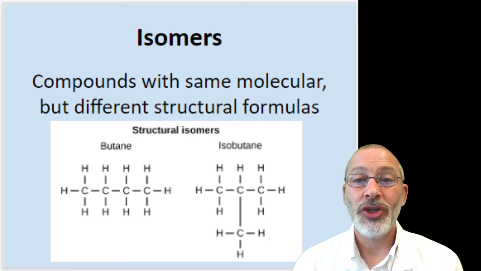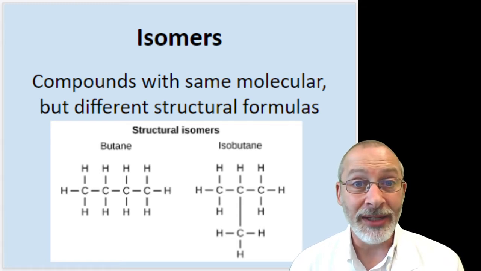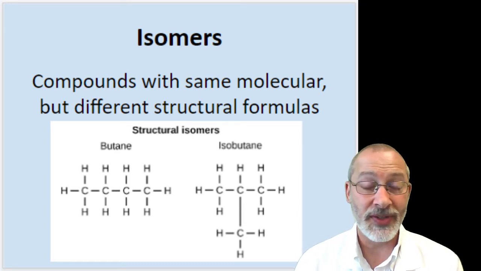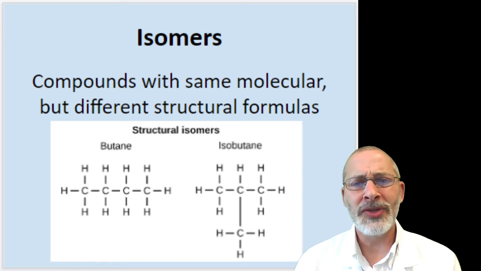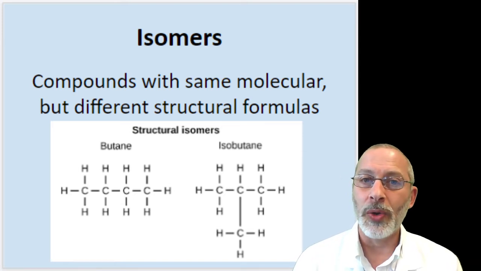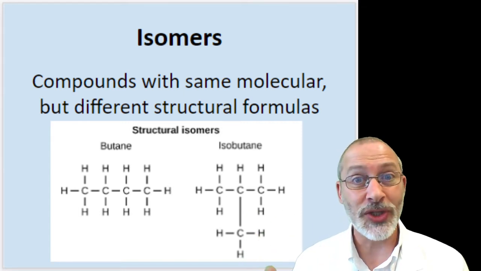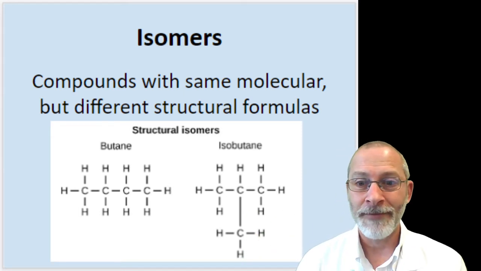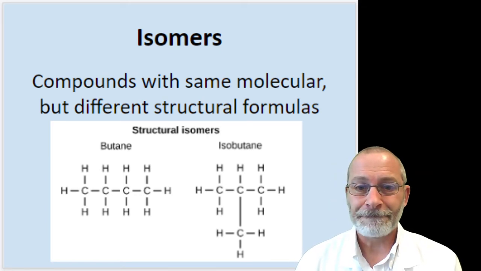Here I have two different substances. Butane, which I mentioned before, exists in cigarette lighters, and another substance called isobutane. And we use the prefix iso because it is an isomer. Well, what exactly does this mean? Well, let's check it out.